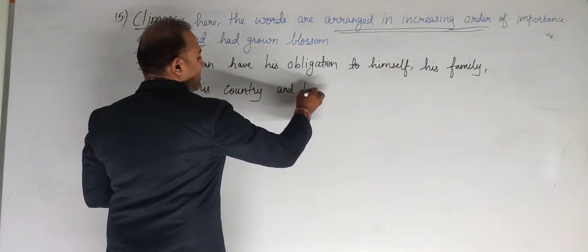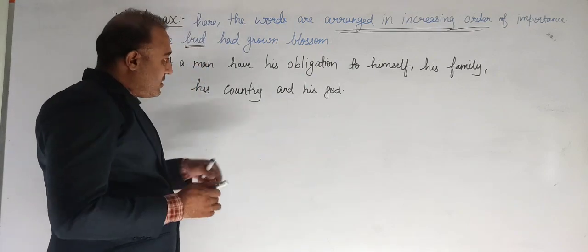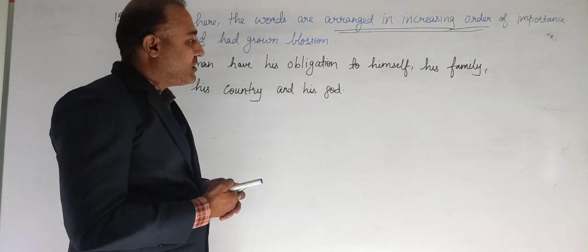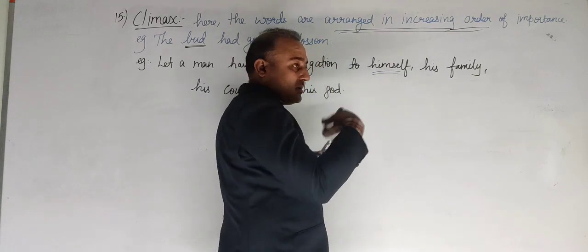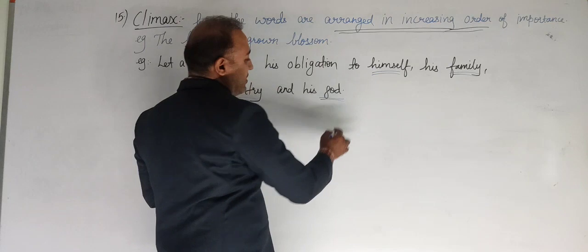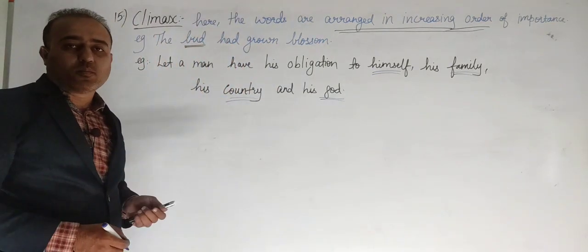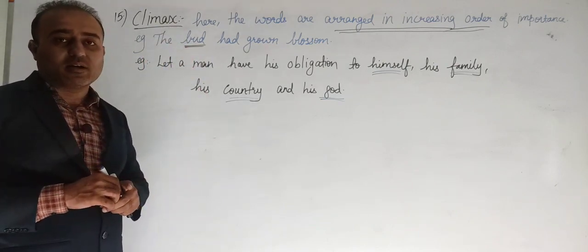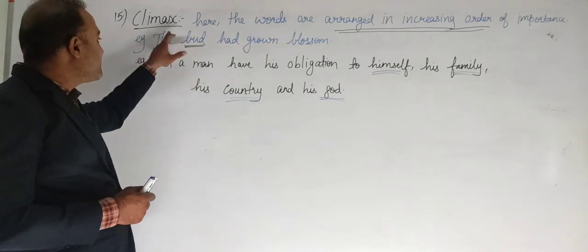Okay, so here obligation means responsibility. A person has a responsibility first to himself, then family, then country and his God, right? That means the increasing order is mentioned in the line, and therefore the figure of speech used is climax, right? So whenever it is in ascending or increasing order, the figure of speech is climax.